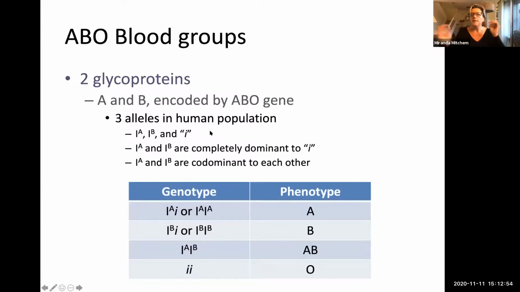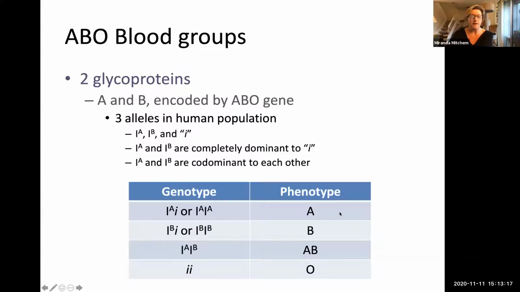The A and the B are dominant to i, so they will beat out i every time. i is recessive. But A and B to each other are codominant, which means they can be expressed at the same time.